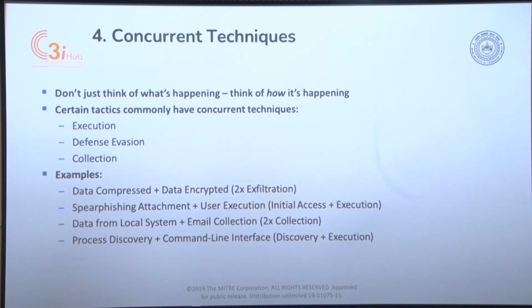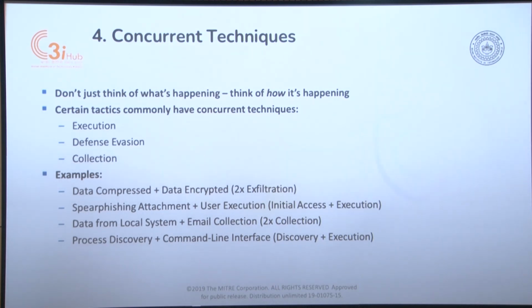Now we have to see how these techniques are happening. To understand that, we have to know that techniques can occur concurrently. So, like we saw with ipconfig all, execution and discovery are happening.